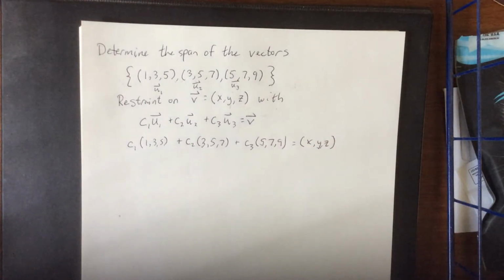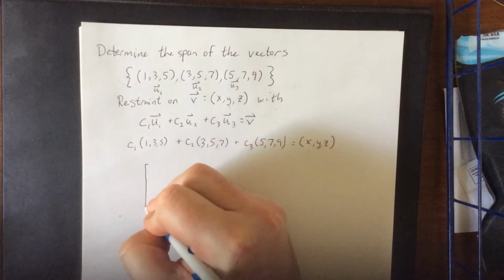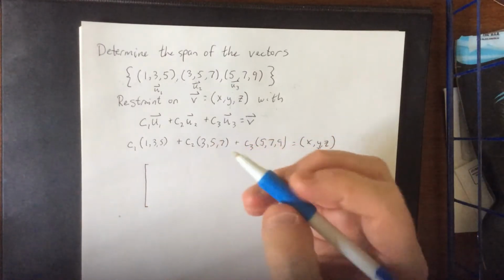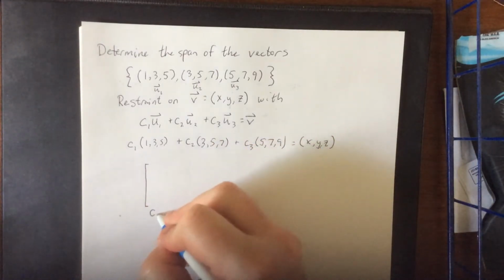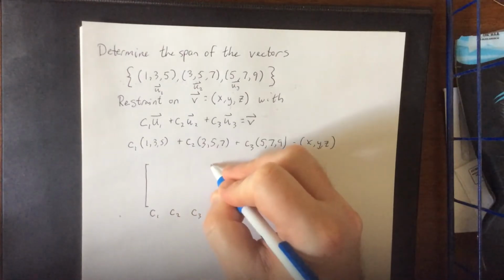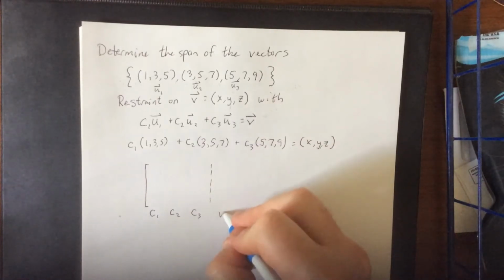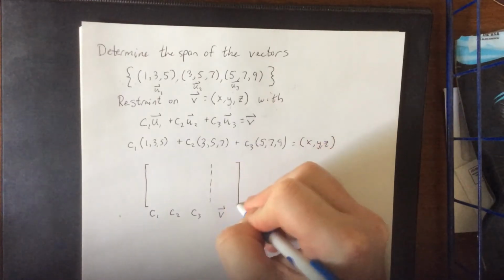Now there are, of course, a couple of ways that we could do this. First thing I'd like to do is use a little shortcut that we talked about in a previous section. The first column represents c1, the second column represents c2, and the third column represents c3, and then the vector on the right-hand side represents our vector v.